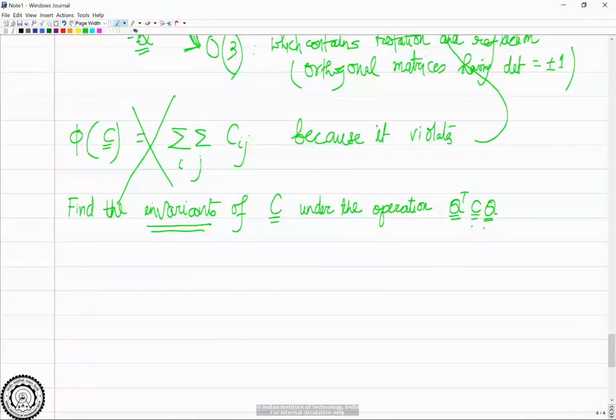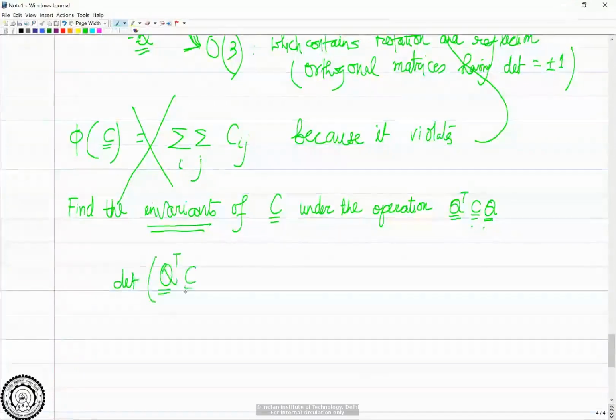Determinant. Yes, determinant. For example, look at determinant of Q transpose CQ.